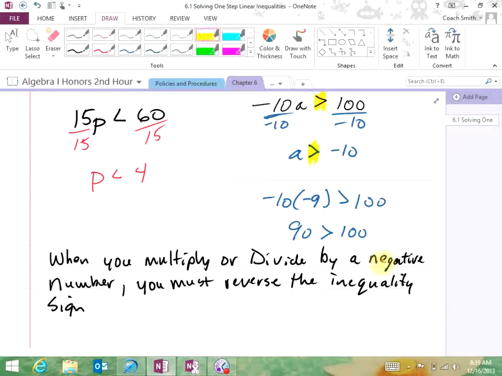Okay, the key being here, negative, multiply, or divide. It is only when you multiply or divide to solve an inequality by a negative, not a positive, not adding or subtracting a negative, it is simply multiplying or dividing by a negative, you must reverse that sign.